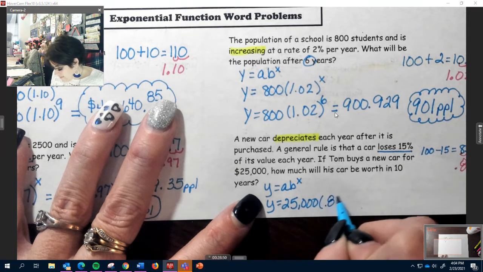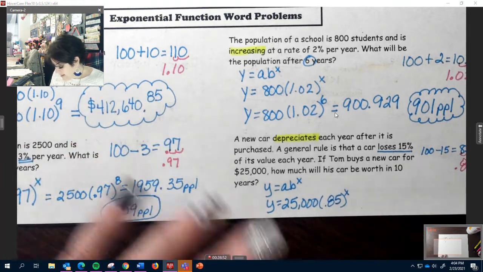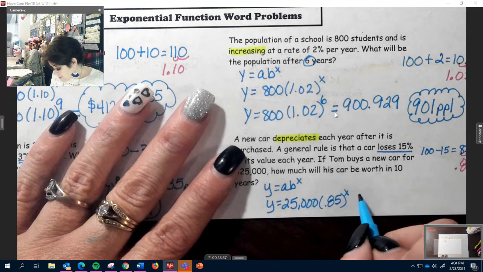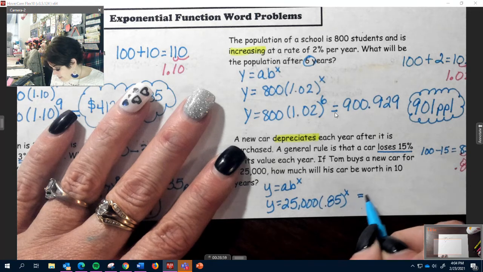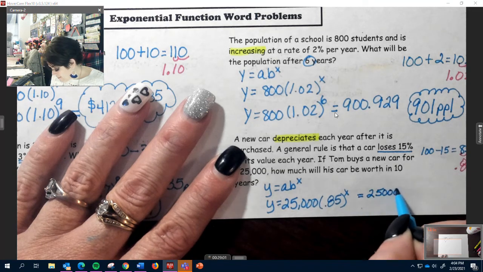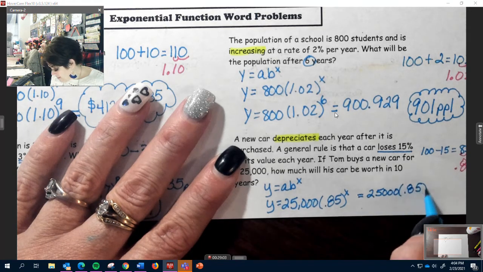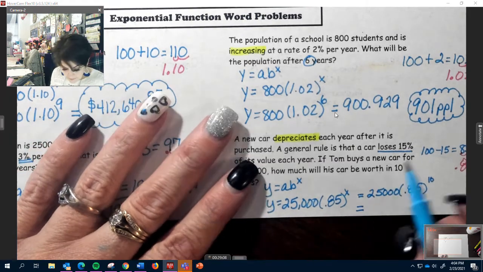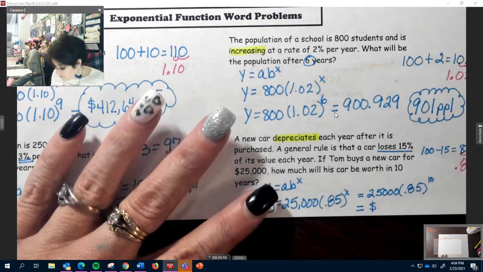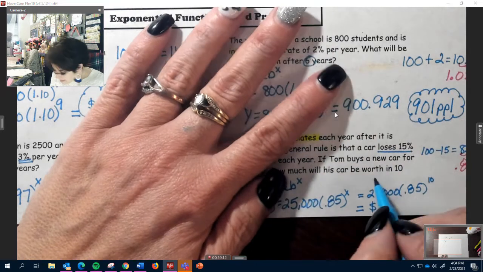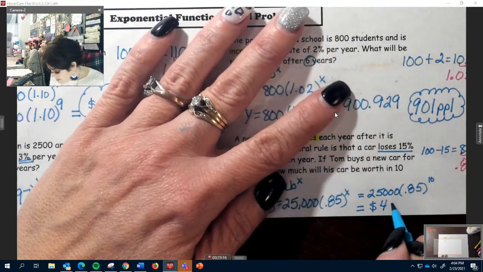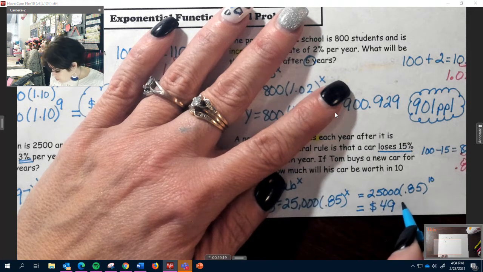So 0.85 to the x power. How much will the car be worth in year 10? So 25,000 times 0.85 to the 10th power. I don't think my car is going to be worth very much. Here's what I got. It's money, so I want to put a dollar sign. Oh, that's painful. My $25,000 car. $4,921.86.